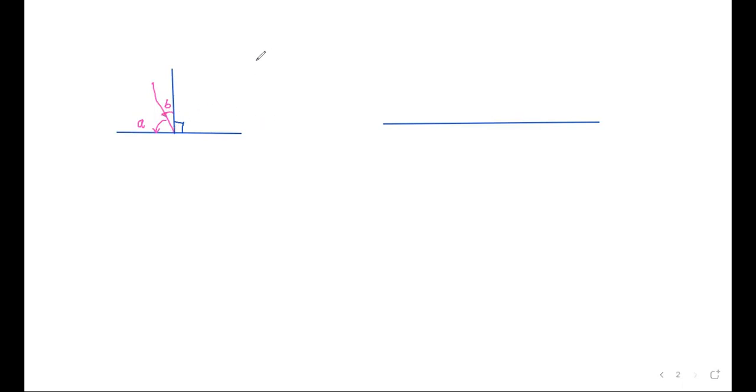Now, similarly, I can draw an angle here, cut that, and I can call this X and Y. I can call this angle X from here to there, and I can call this Y, which moves from here up until there.